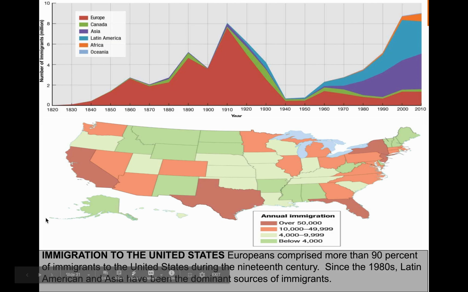We can take a look at Europeans comprising roughly 90% of immigrants in the U.S. in the 19th century. Since the 1980s, we've seen largely Latin Americans and Asians as the dominant source of migrants. We can see the largest net in is Texas, followed by Florida, California, and New York State.